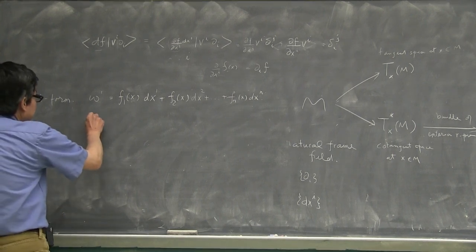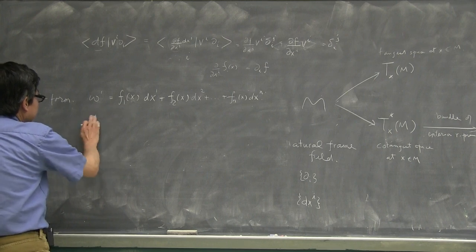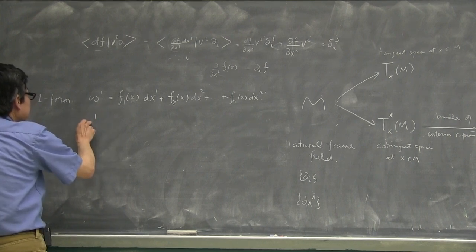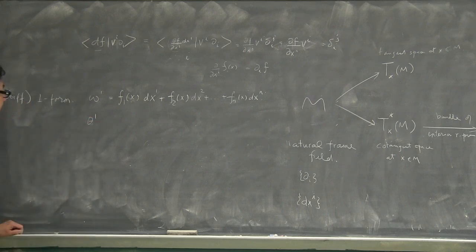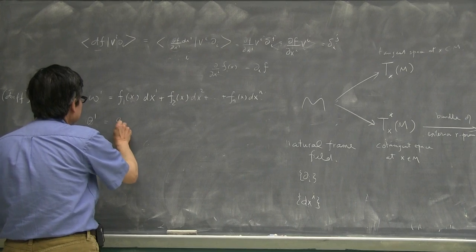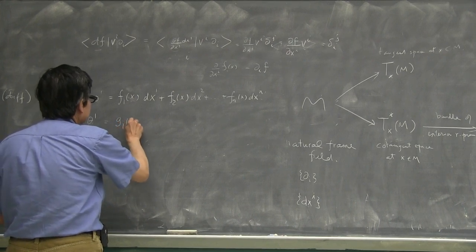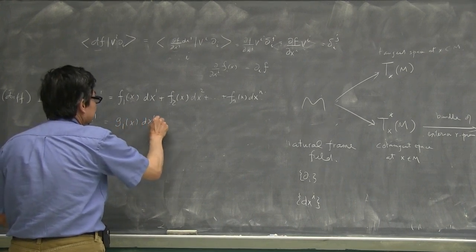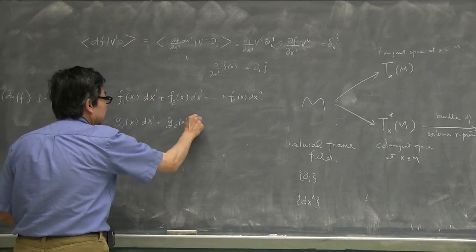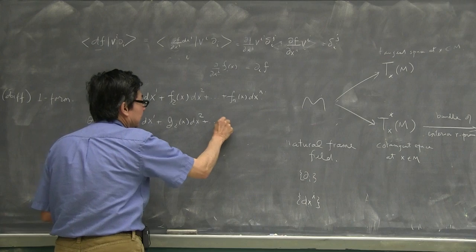So if I come in with another one form, which I'm going to call something different, let's call it theta, also a one form, you write this as g1(x) dx1 plus g2(x) dx2 plus so on.